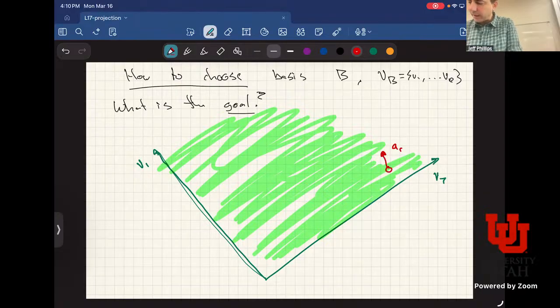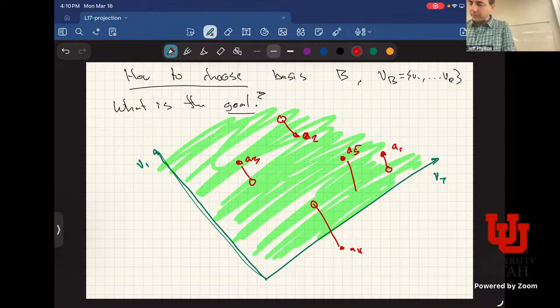A1 can project onto here. A2, which maybe is below, projects up. And I'm going to have a whole bunch of these data points, and I want to project them onto the subspace.